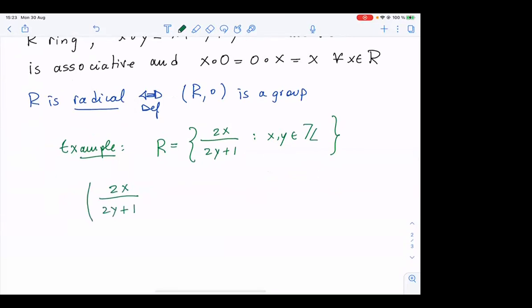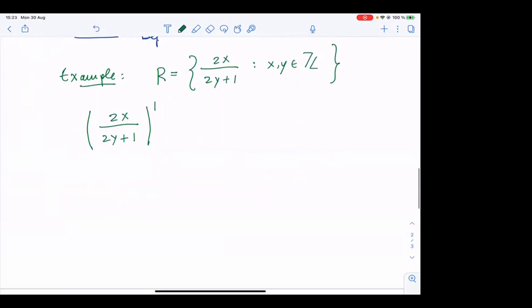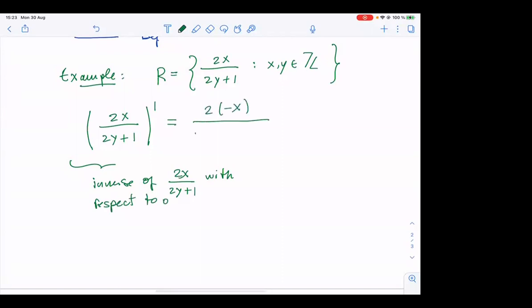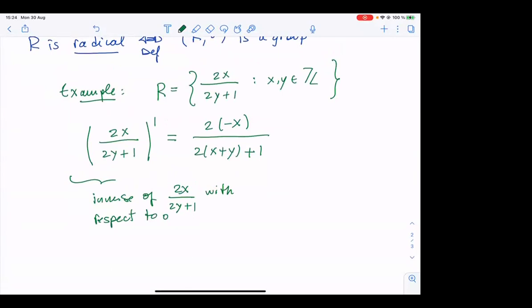This is the typical notation for the inverse of the element with respect to the circle operation. So you can check that this is this. Okay, so this is a radical ring.